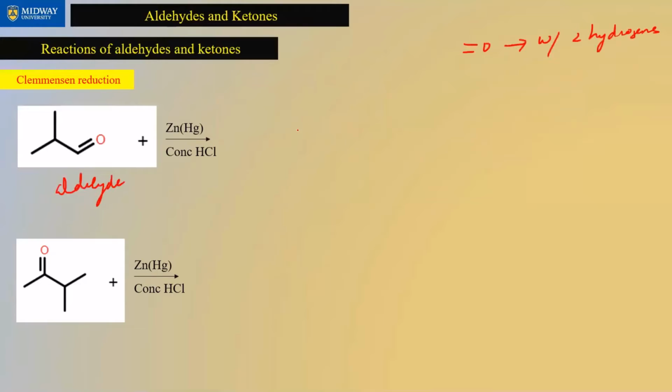And then there's Clemmensen, which is again the same thing, just like what we did earlier. Replace the double bond O with 2 hydrogens. It doesn't matter whether it's an aldehyde or ketone. This is an aldehyde, of course. So write most of the molecule the same. When you get to the carbon containing the double bond O, replace the double bond O with 2 hydrogens.